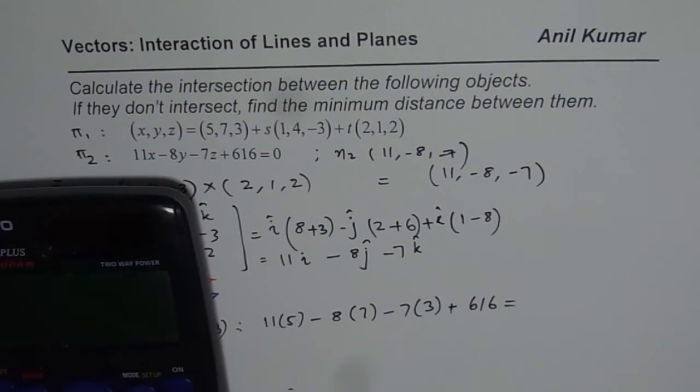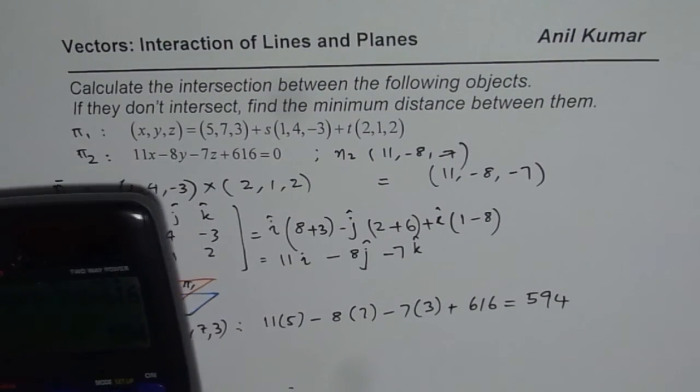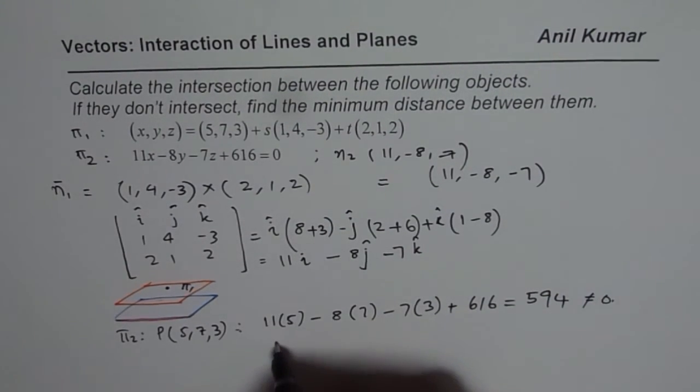We get a number which is not 0. So since it is not equal to 0, we have parallel planes.